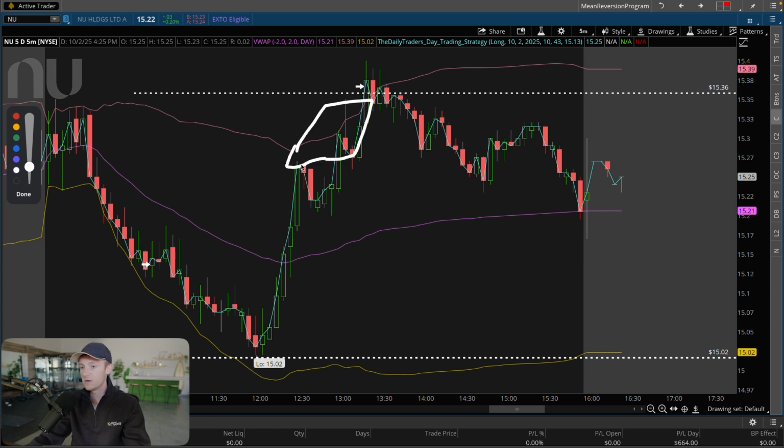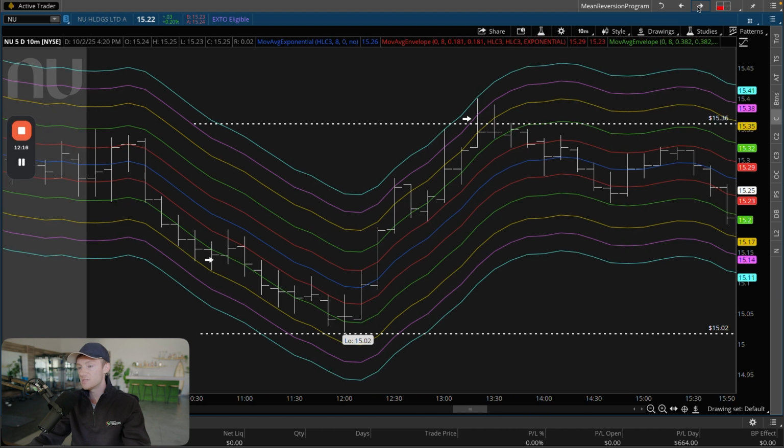Okay, that difference here of an exit here versus here. One, because we didn't touch it, so we knew we still had more in the move. We touched it here, but when looking at our envelope system, we got to look at, again, what bars are we forming bands on? And so as we started trading into purples, we still weren't at blues. Okay, so I waited to see blues there. We saw purples.